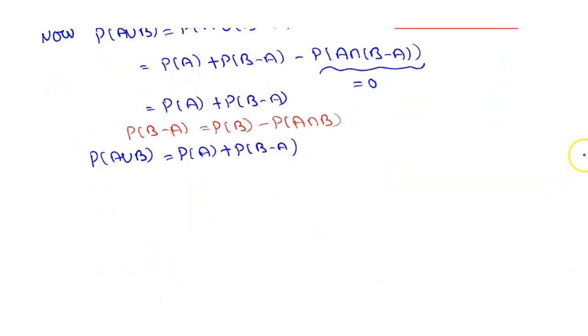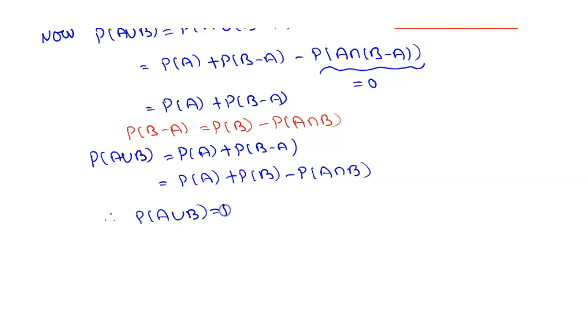Instead of P of B minus A, I can replace that value: P of A plus P of B minus P of A intersection B. Therefore, we can conclude that P of A union B is equal to P of A plus P of B minus P of A intersection B. This is one of the important results in probability, and this theorem is also a most important theorem.